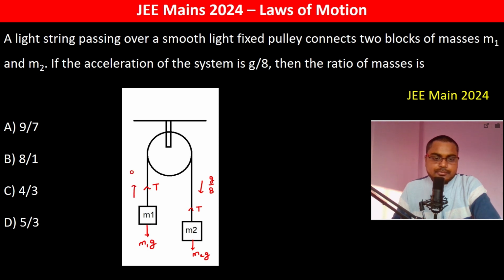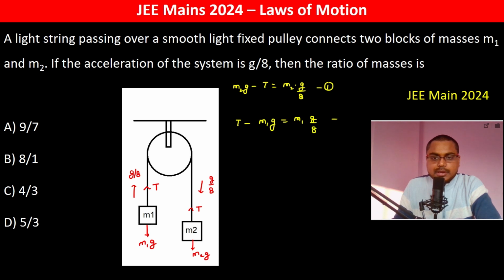This is also going up with g by 8, ठीक है। So now we can write the equations as m2g minus T is equal to m2 into g by 8, ये गया पहला इक्वेशन। दूसरा इक्वेशन हो गया T minus m1g is equal to m1 into g by 8. दोनों को प्लस कर दीजिए, m2 minus m1 into g is equal to m1 plus m2 into g by 8, it's gone.